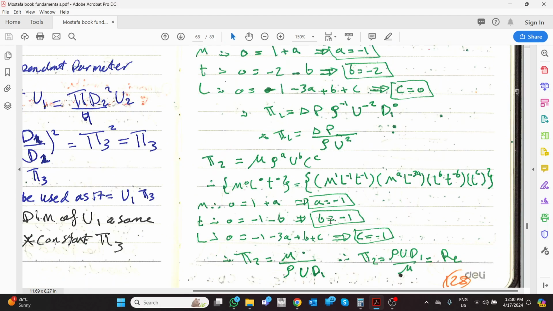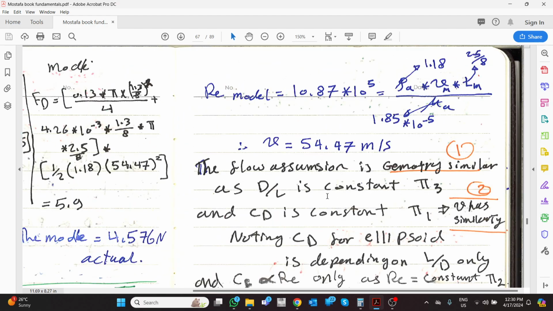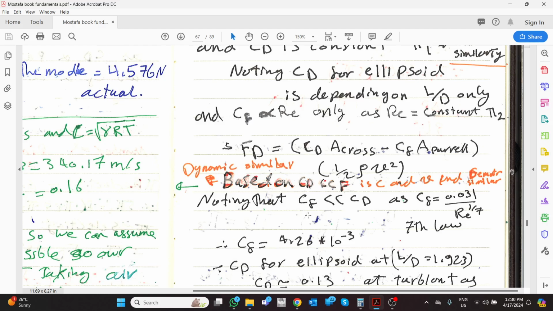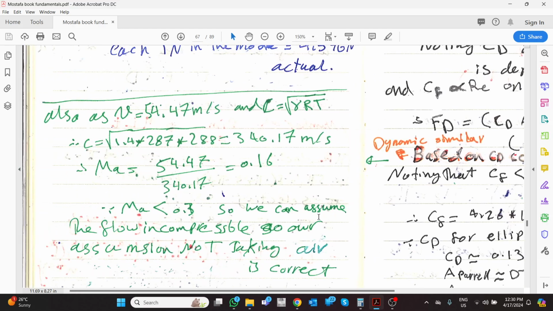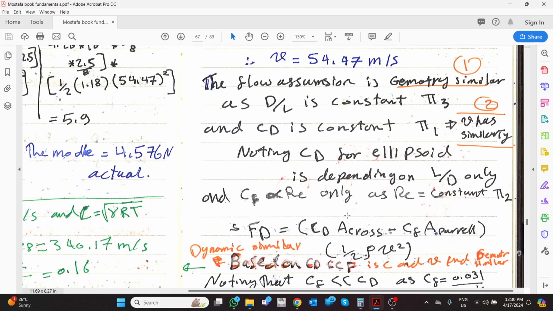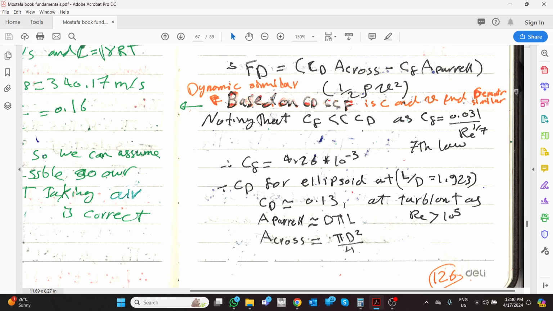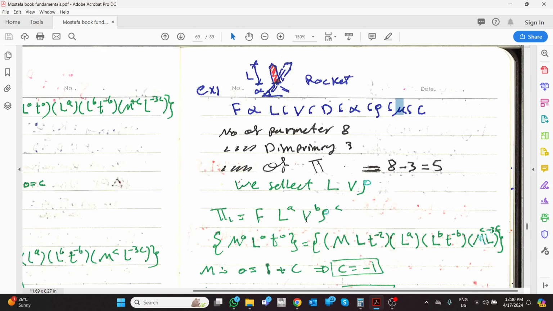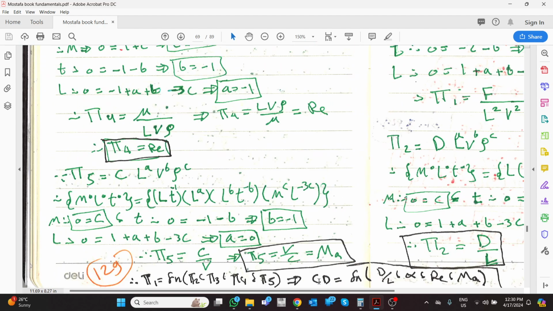like here, if we are trying to do any calculation after the pi, we know that CD should be constant. We know from this equation CD should be equal between the model and the actual. We know that D over L should be constant, alpha should be constant, and the Reynolds number is constant, which means if we change the density or the viscosity, the Reynolds number should always remain constant.